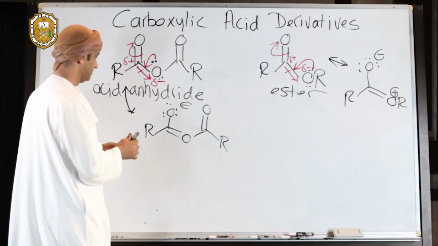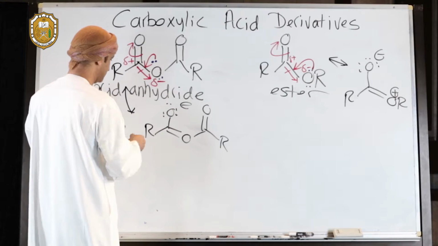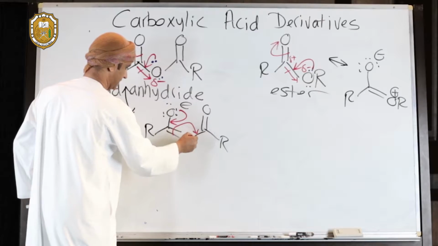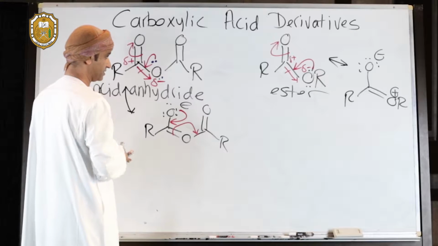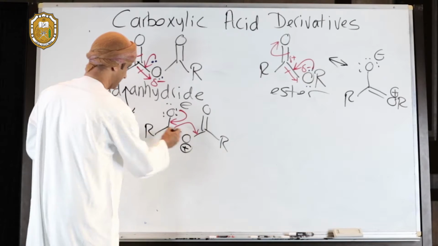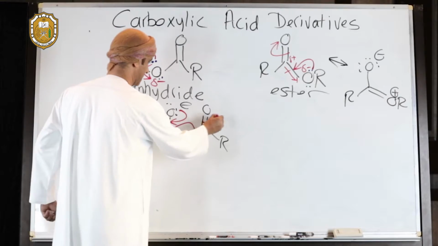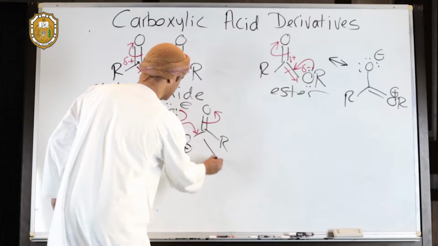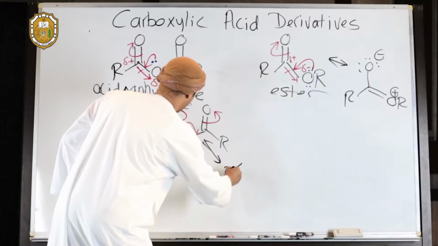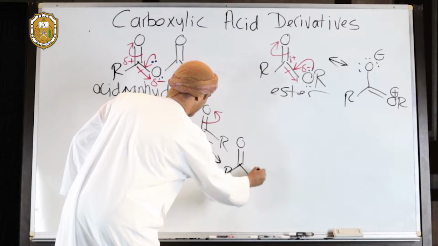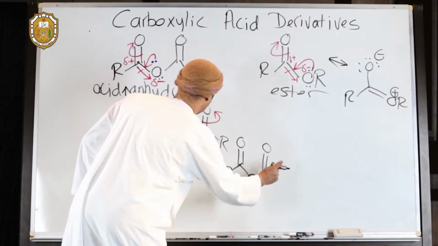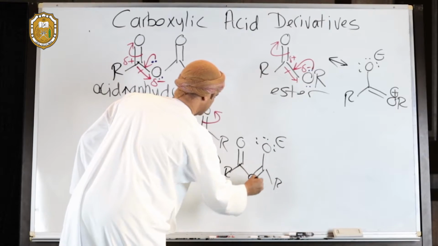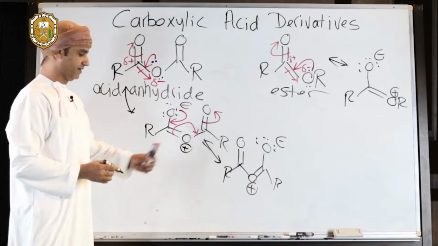So we can do that as well. So this carbonyl group is reformed, and this double bond is broken. Of course, there was a positive charge before, and as a result this carbonyl oxygen bond is broken. So we get another resonance form. So that's a third resonance form.